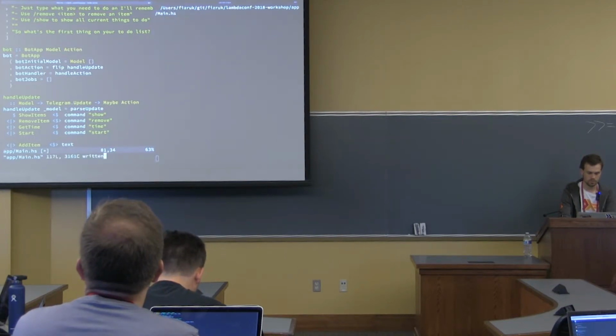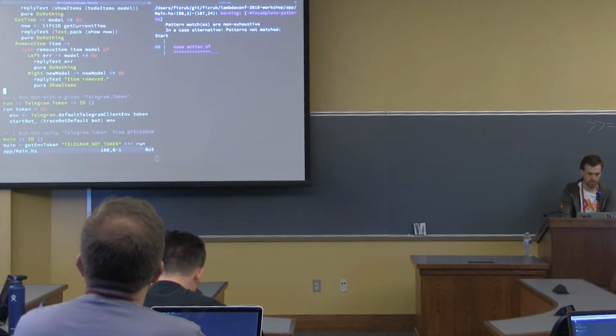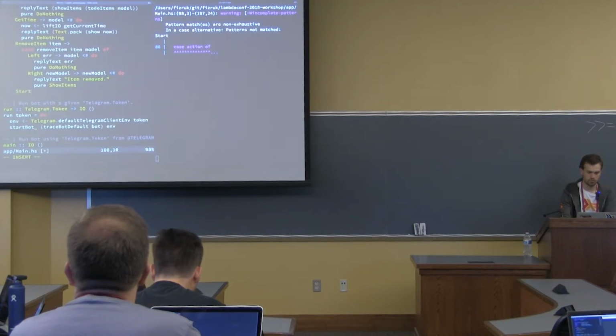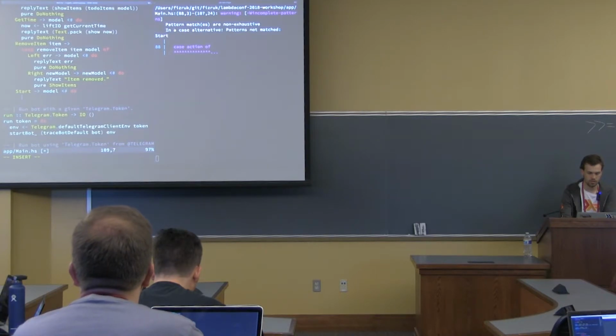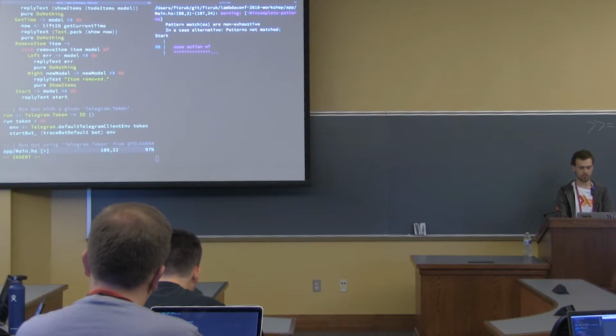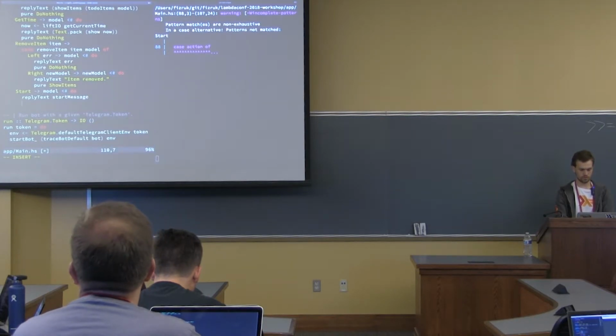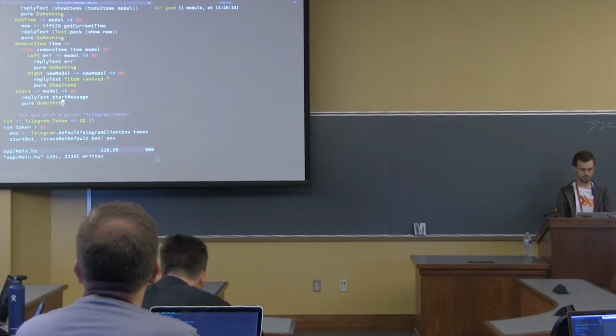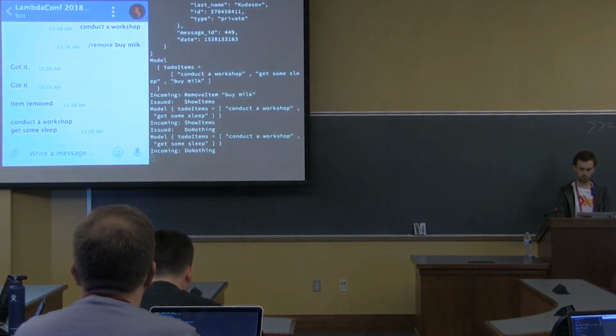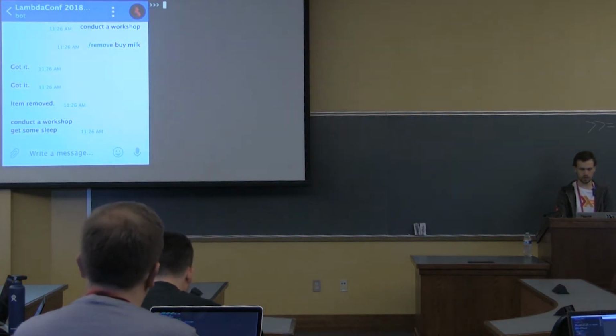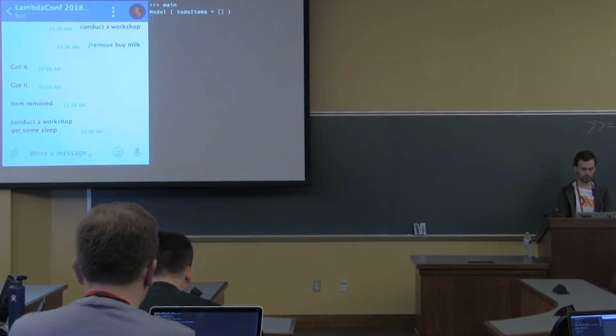The start, and when we handle the start action, the model stays unchanged, and the only thing we do is we reply text with a start message. Okay, and we do nothing. So it's a very simple action, but it's very helpful when you're writing a bot.